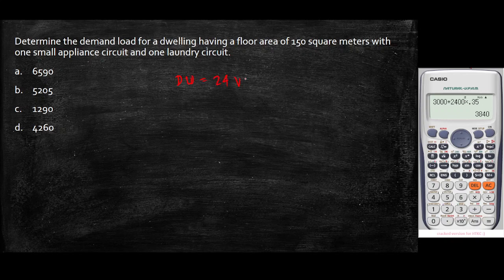I'll give you 3 minutes to try to solve. Same as before: take the 3,000 from the total and multiply it by 100%, then multiply the remainder by 0.35.